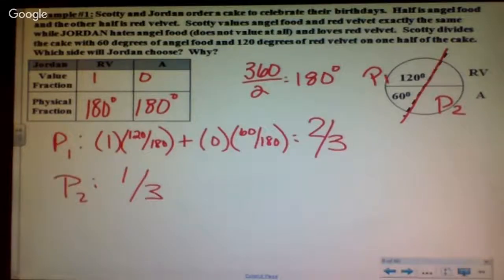So he values piece 1 at 2/3, piece 2 at 1/3. How did I get 1/3? It's got to be a whole, so you can do 1 minus 2/3 to get that 1/3. So which piece is Jordan going to choose? Piece 1. Fantastic.